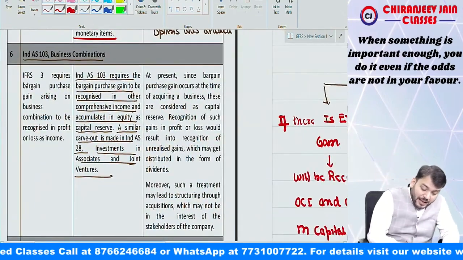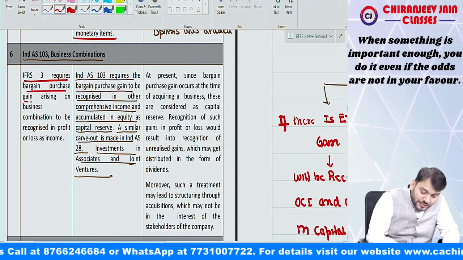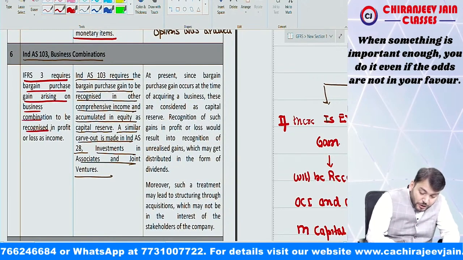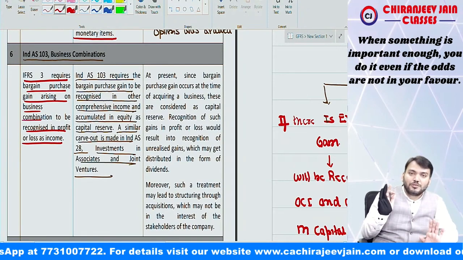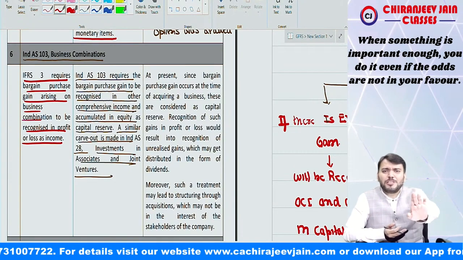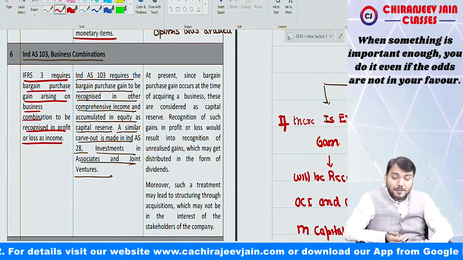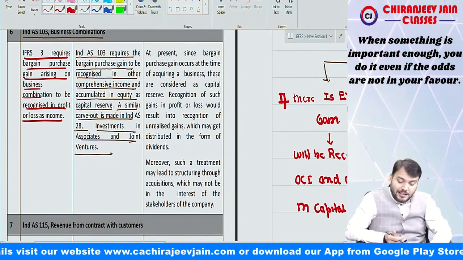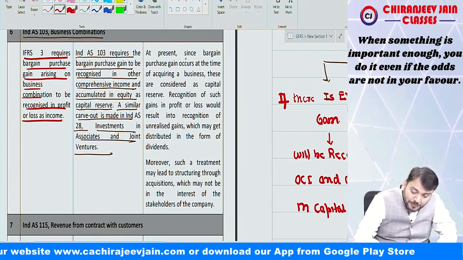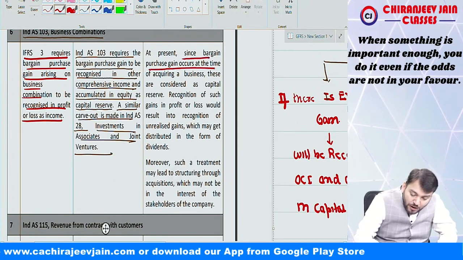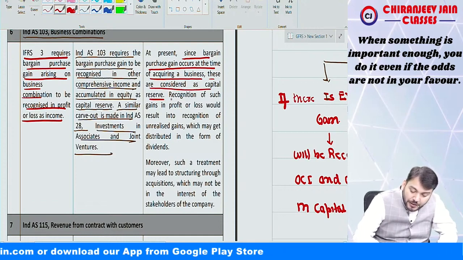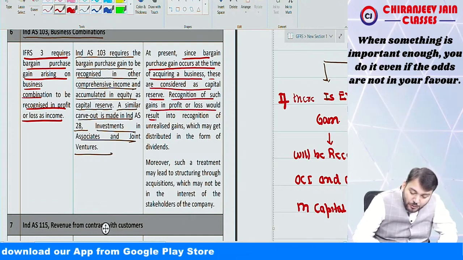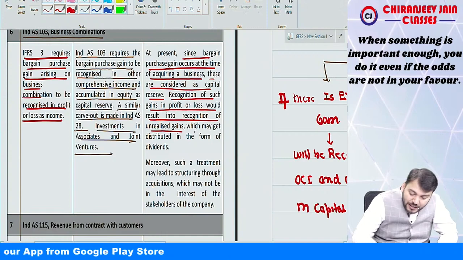So IFRS 3 requires bargain purchase gain arising on business combination to be recognized in PL as income. Understood. From my point of view also, it should not be transferred to PL as income. What reason has been given under Ind AS? Correct. Since bargain purchase gain occurs at the time of acquiring a business, these are considered as capital reserve. Recognition of such gain in PL would result in recognition of unrealized gain, which may get distributed in the form of dividend.